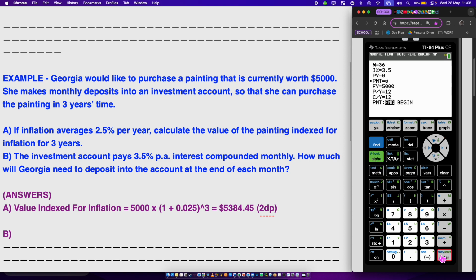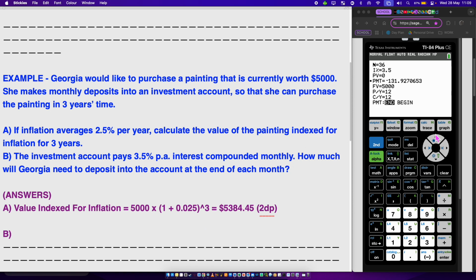Alpha, enter. If she put $131.93 into the account every month, what is the account going to end at? 5,000. Is she going to be able to afford that painting? No. Because the painting in 3 years is going to be worth $5,384.45 instead.